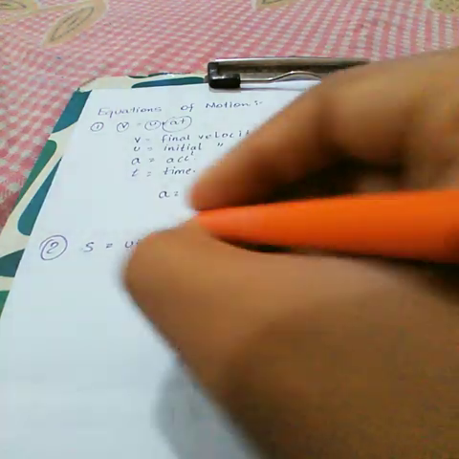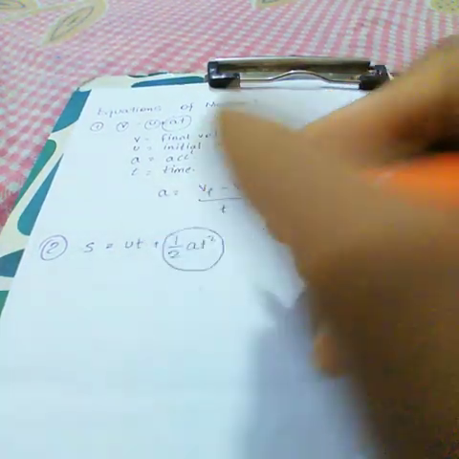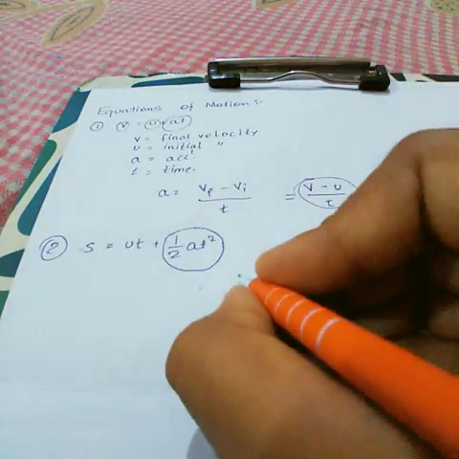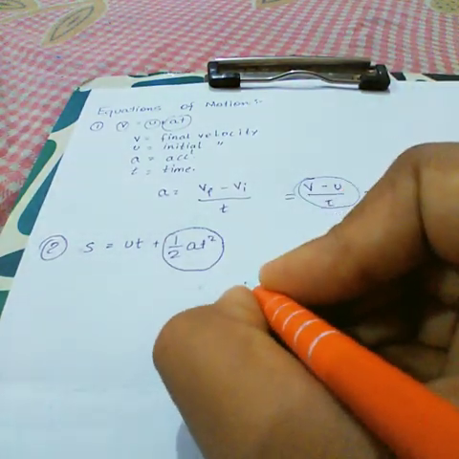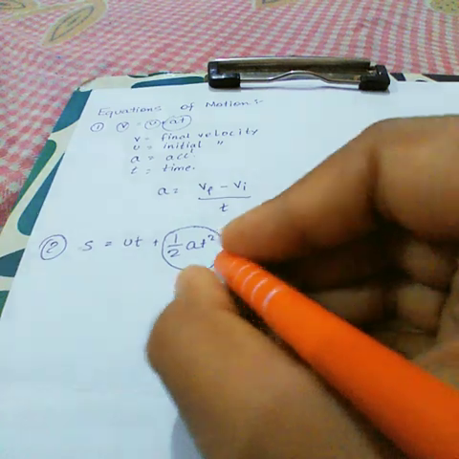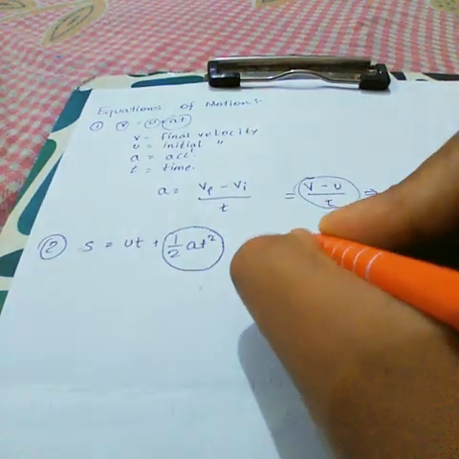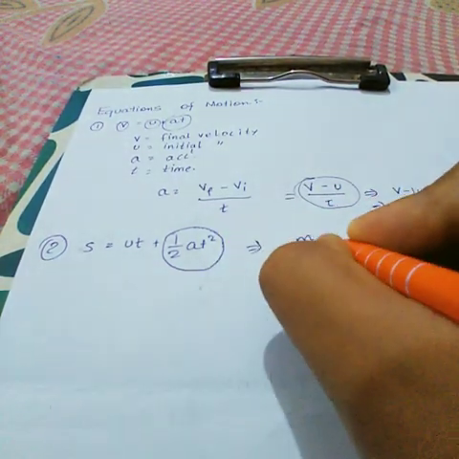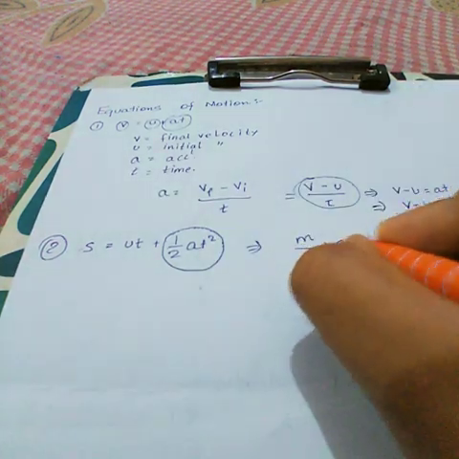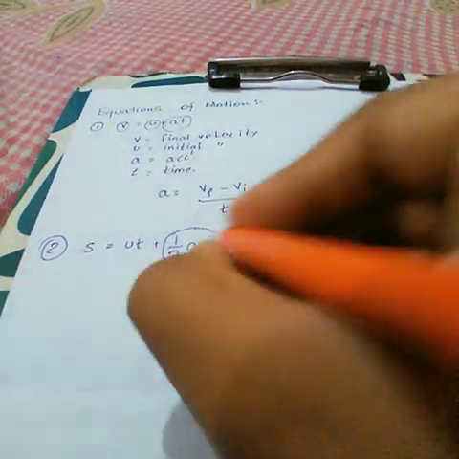So if you want to derive the unit of this, what will be the unit? The acceleration unit is meters per second square into time square.